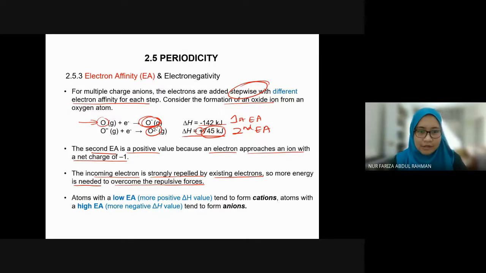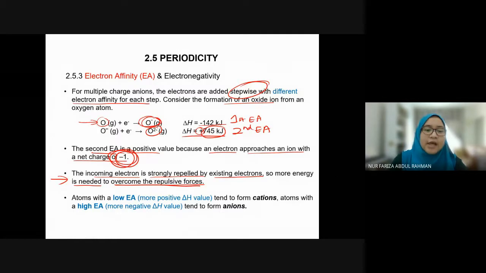Can you imagine how high the repulsion in the ion is? Still, the electron can be added with the help of extra energy. It can still become O2 minus, but the reaction requires energy, because it must overcome the repulsive force already in the -1 ion.